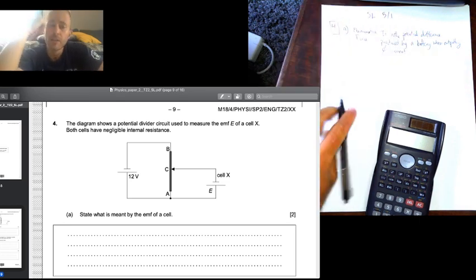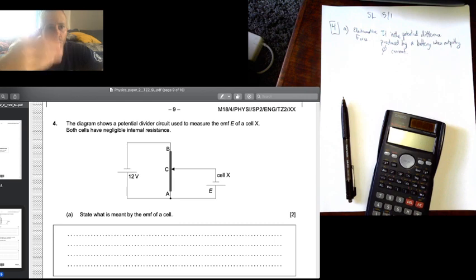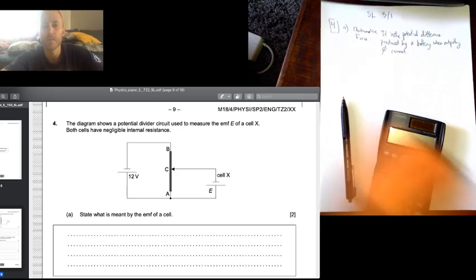What we learned about real batteries is that the voltage droops the more current you're asking from the battery. So the electromotive force is sort of like the maximum voltage that a battery can produce.